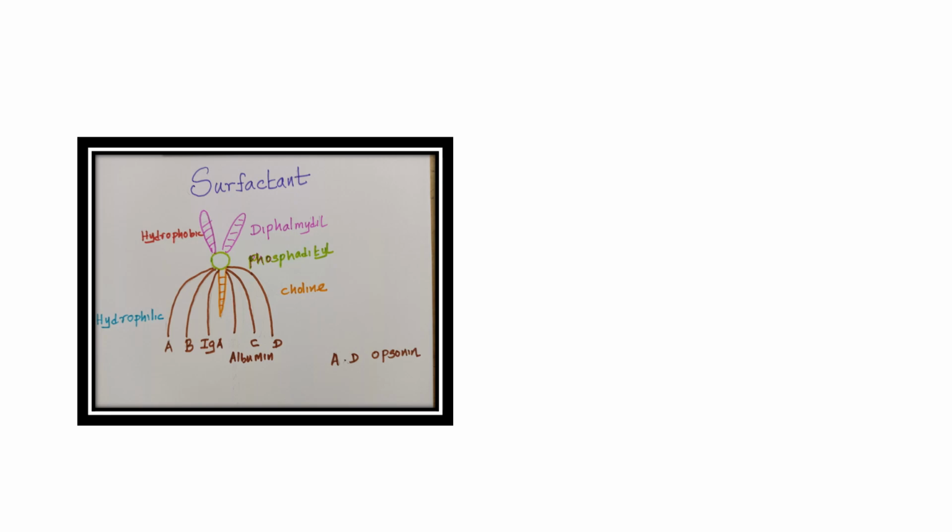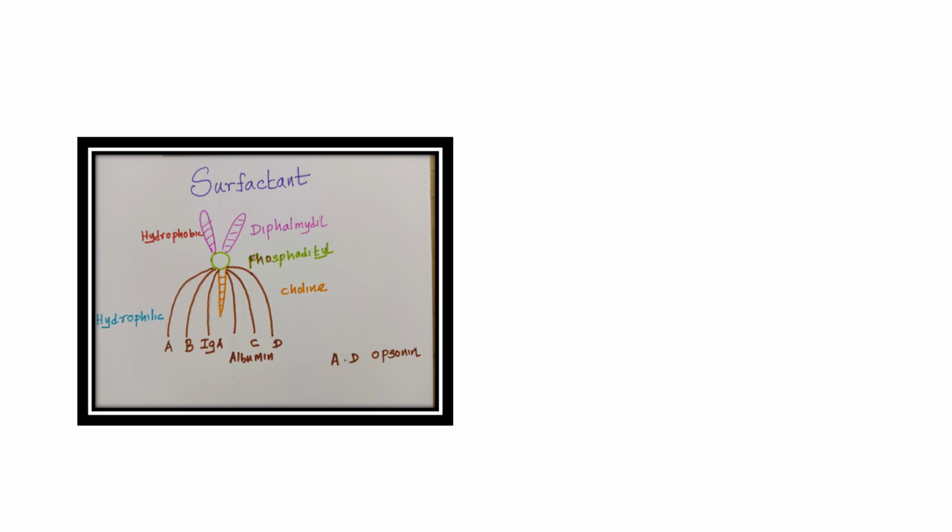This diagram depicts a single surfactant molecule. This is the palmitoyl, this is the phosphate group, phosphatidyl, and this is the choline. This part is hydrophobic in nature. Dipalmitoyl phosphatidylcholine makes up more than 90% of the lipids in the surfactant.